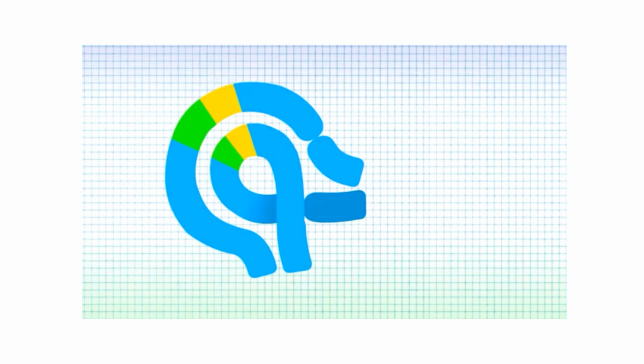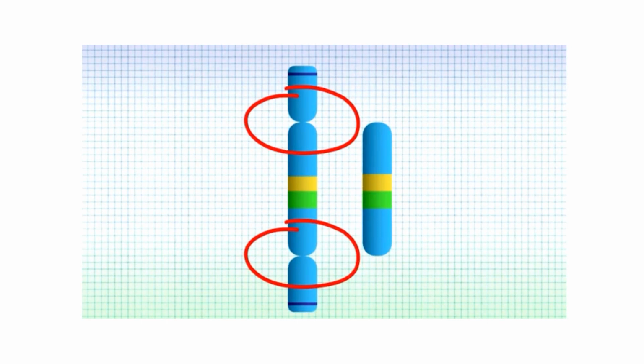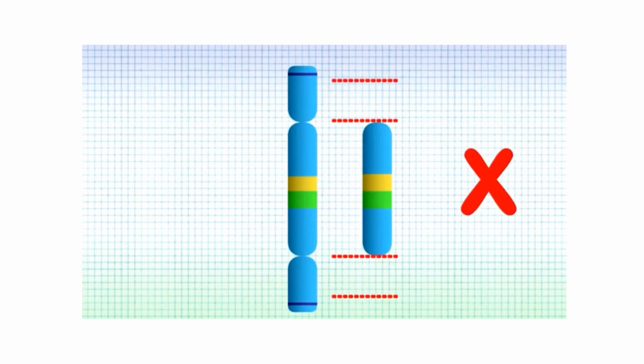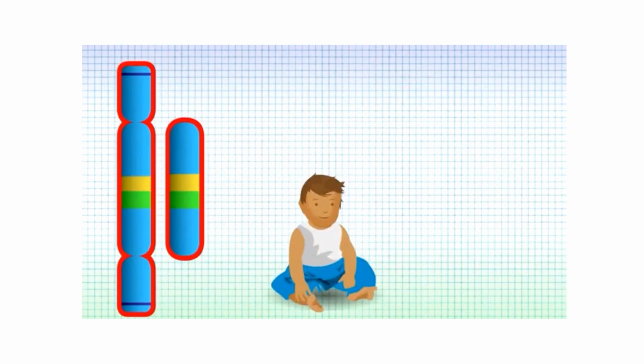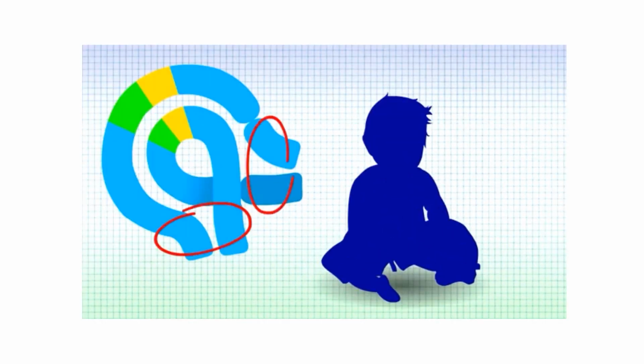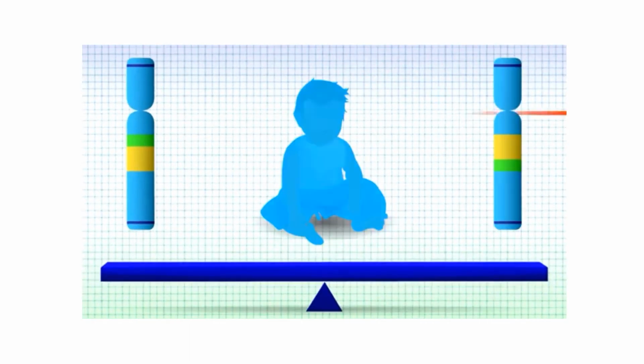If a crossover occurs within the loop, two chromosomal segments are produced that are very unbalanced, one with two centromeres, and the other alternative is a chromosome with no centromere. If a baby is conceived with either of these two chromosome products, the baby will miscarry. If crossing over occurs outside the loop, then the chromosomal products will be balanced and the baby will be healthy.